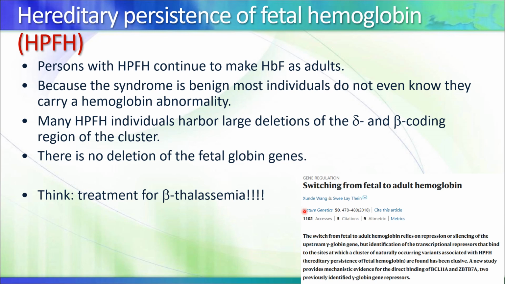Okay, so there is an idea of switching on the fetal globin gene in case the beta globin gene is not functional. So there's talk about that. This is taken from a good journal known as Nature Genetics in 2018.